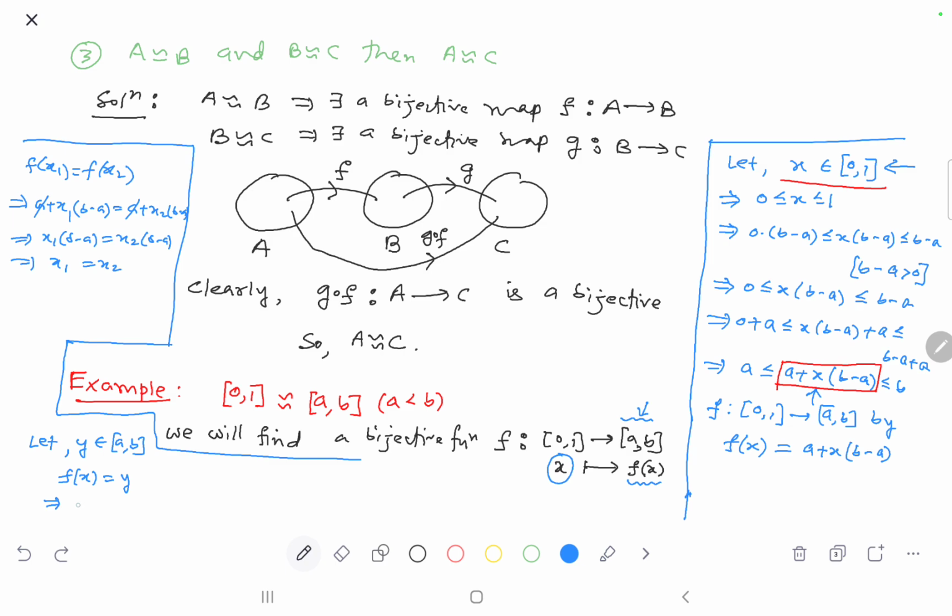So what should we get? f(x) means A plus x times (B minus A) equals y. So this implies x times (B minus A) equals y minus A. So x equals (y minus A) divided by (B minus A). So this is the pre-image of y, and this x is inside the interval [0, 1]. Right. So we got the idea how to check two sets are equipotent: we just have to define a bijective map.